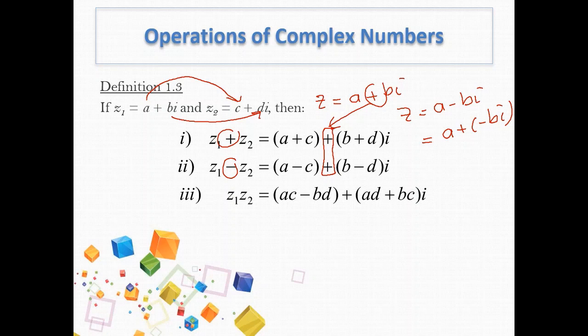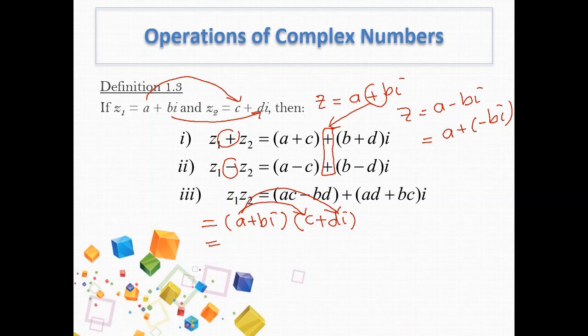For multiplication, you will multiply as usual, where Z1 multiplied with Z2 is equal to A plus BI times C plus DI. It is a little bit special, but you can multiply as usual, where A multiplies with C and then A multiplies with the imaginary part. It's okay because when multiplying you will get I squared, which you can simplify towards the end.